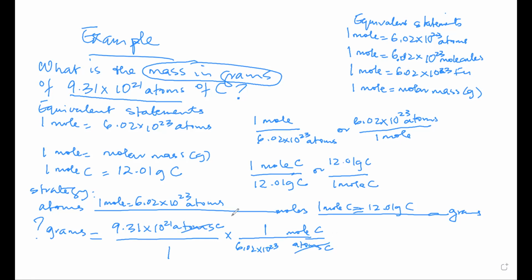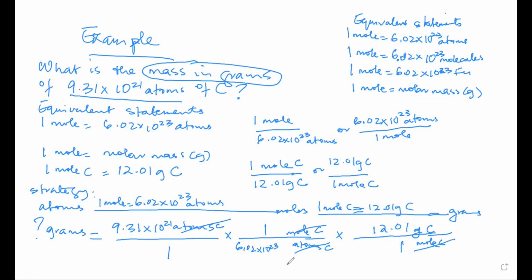These cross out. Then we are going from mole to grams. So this will be mole of carbon, grams of carbon. We look at this. It will be 1 mole, 12.01 grams of carbon. This crosses out this.